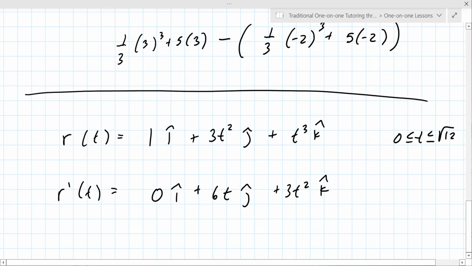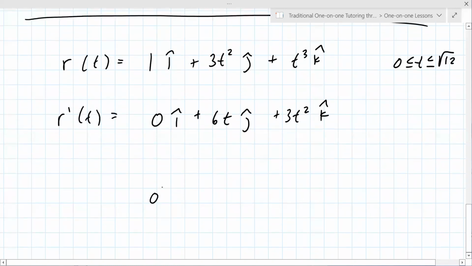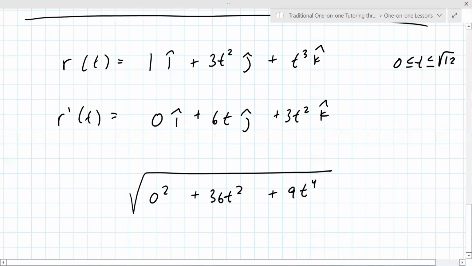Okay, and then you square each of them. So we got 0 squared plus 36t squared plus 9t to the 4th. And that's what you're taking the square root of, 0 to square root of 12 dt.